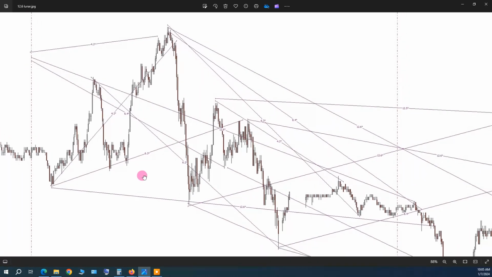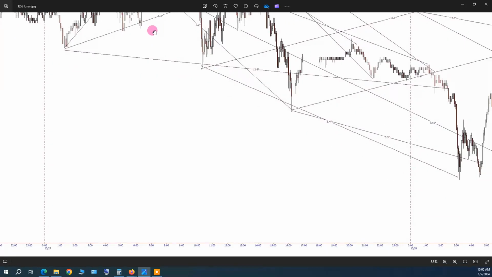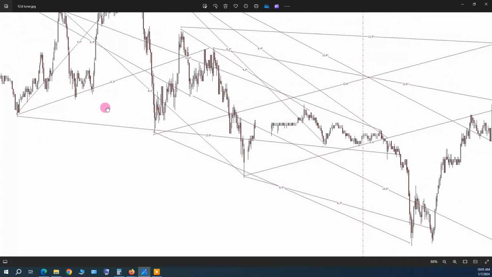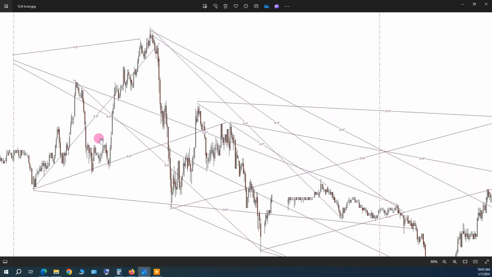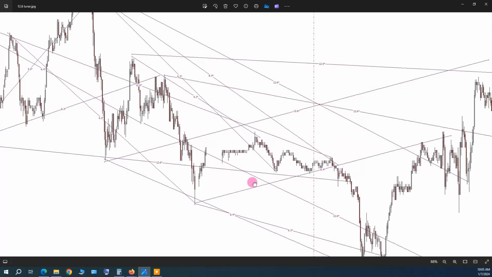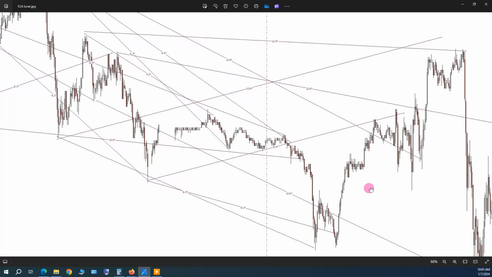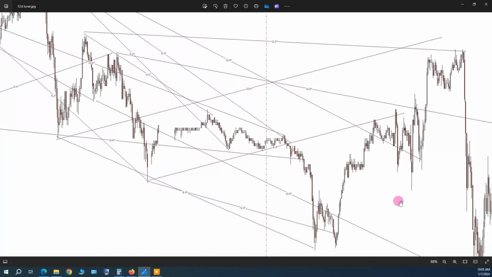You can see how taking these measurements from various highs and lows, and also from the 0 hour, can give you certain indications. I'm not going to call off each one of those. You can pause the video and take a look and see how these operate.